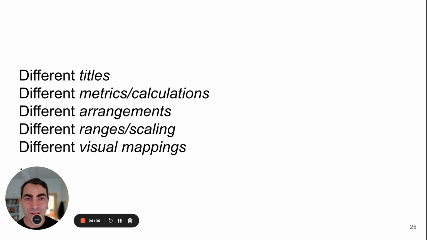And my goal here is to show you that the same data can be framed in very different ways. And my second goal is to show you that there are many different ways to do that kind of framing. So these are just examples. There are other ways to actually have different framings, right?